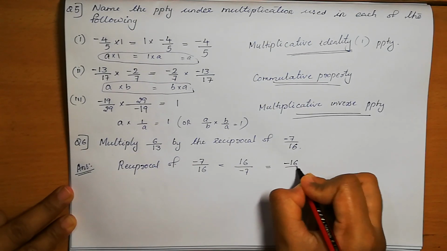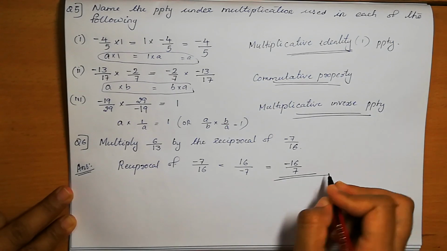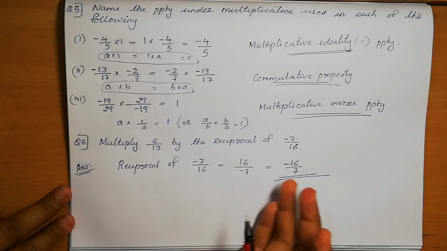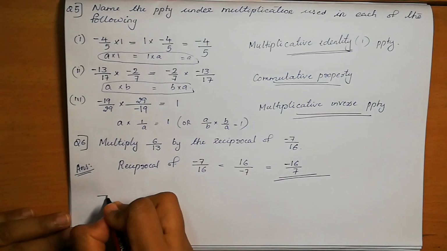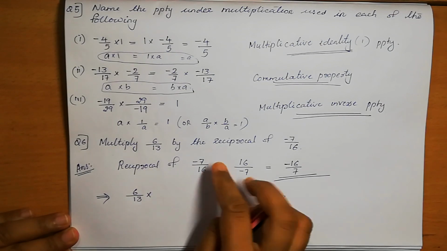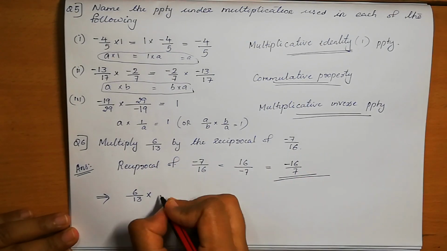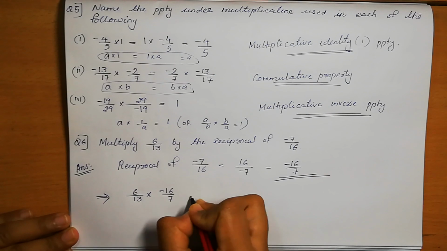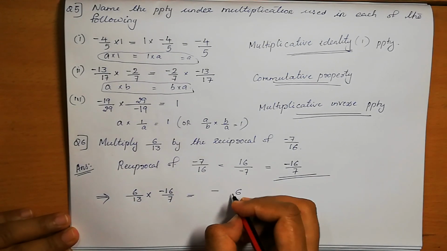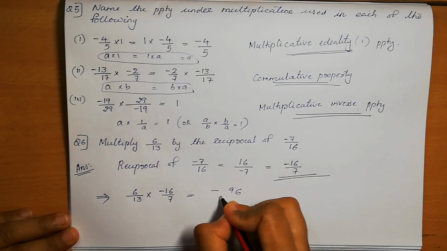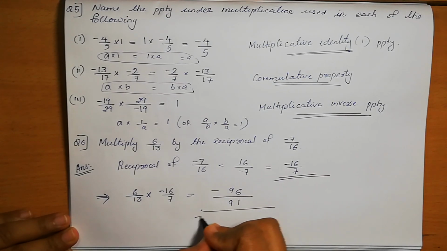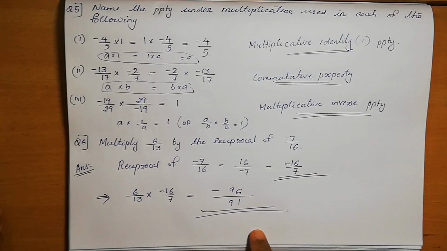That means minus 16 by 7 is the reciprocal of minus 7 by 16. So the question becomes 6 by 13 into minus 16 by 7. 6 sixes are 36, 90, 96, right? 96 by 91. So the answer is minus 96 by 91.